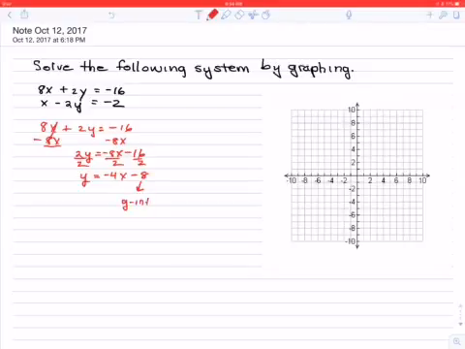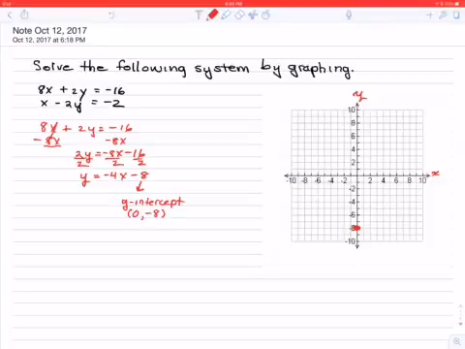In this case, the y-intercept is negative 8. The actual point is when x is 0, y is negative 8. So on the y-axis, where x is 0, I'll go to y is negative 8.